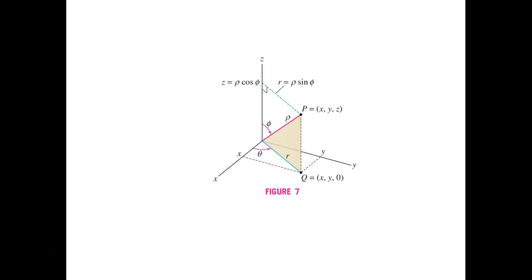The z-axis, the axis parallel to the xy plane, and this pink line here, that's the right triangle, okay? Now, taking a look at this, of course, that hypotenuse is rho.